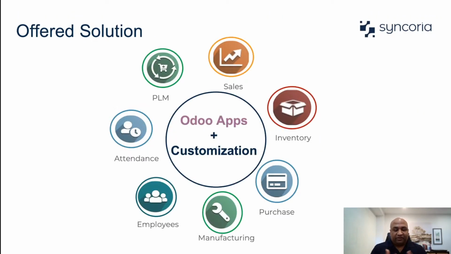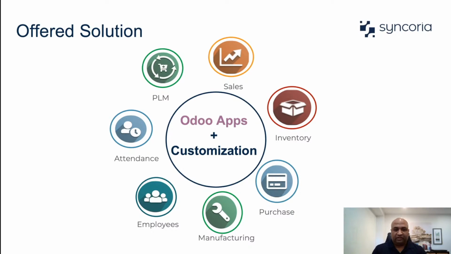So what we offered to one of our customers are these Odoo applications: sales, inventory, manufacturing, purchase, and PLM, because as I said, all the design codes are followed meticulously regardless of the difference in the actual construction process.